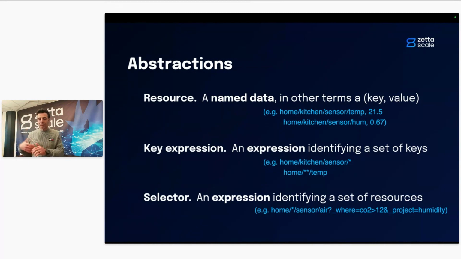That's the difference. And then you have selector, where a selector is nothing but the combination of a key expression, then the question mark, and a bunch of arguments, where these arguments can be used to represent selectors, projectors, in fact, whatever you want, okay?